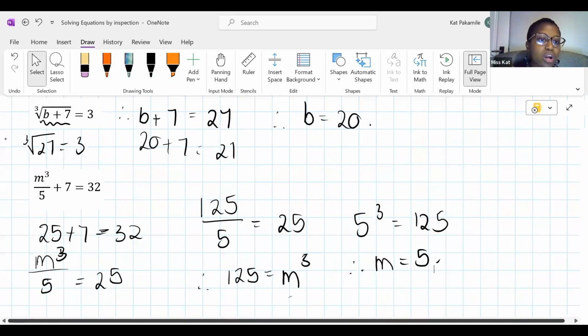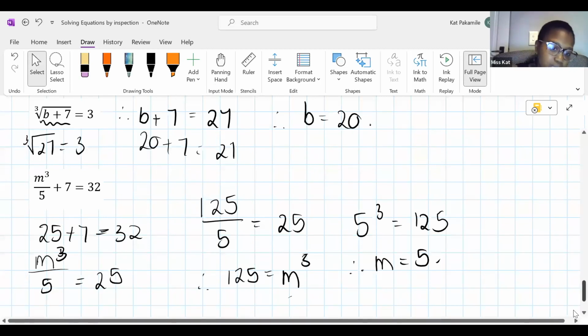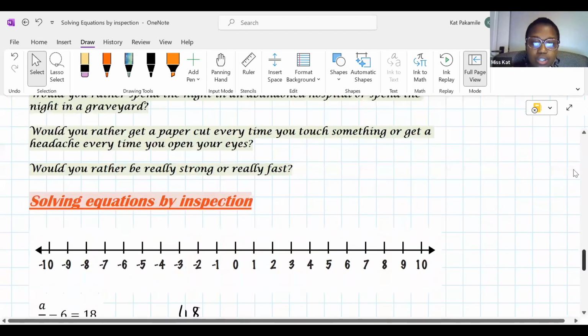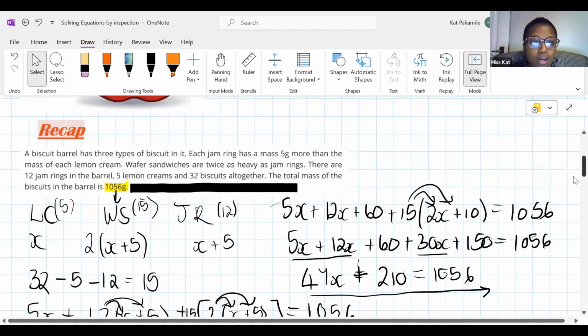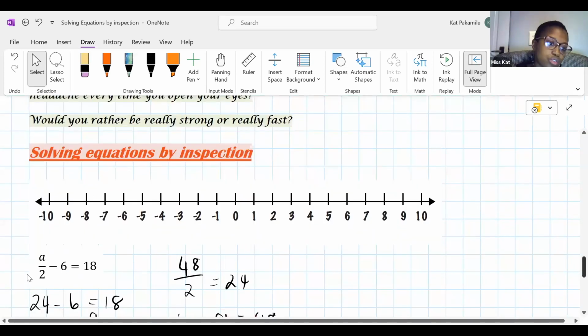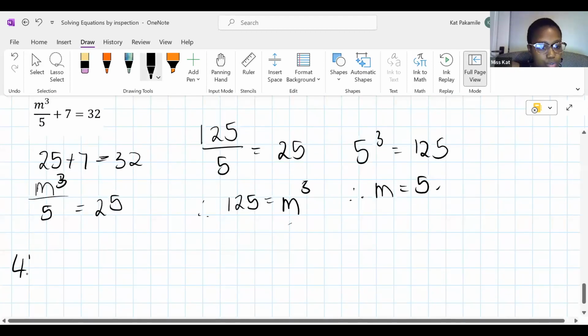Okay, I hope we are comfortable and good and ready to work with inspection and stop skipping steps. Now, I want us to go back to our question here. So now we found that 47x plus 210 is 1056. I want us to solve it. 47x plus 210 equals 1056.